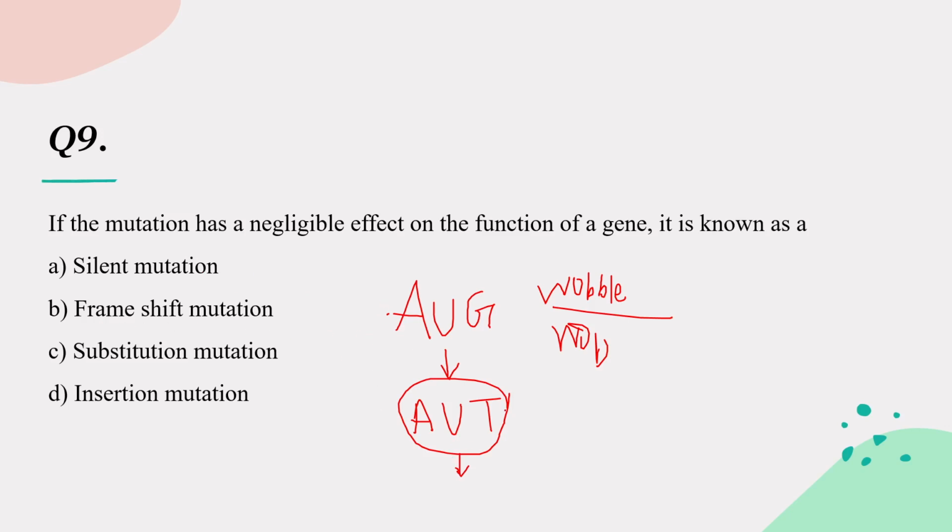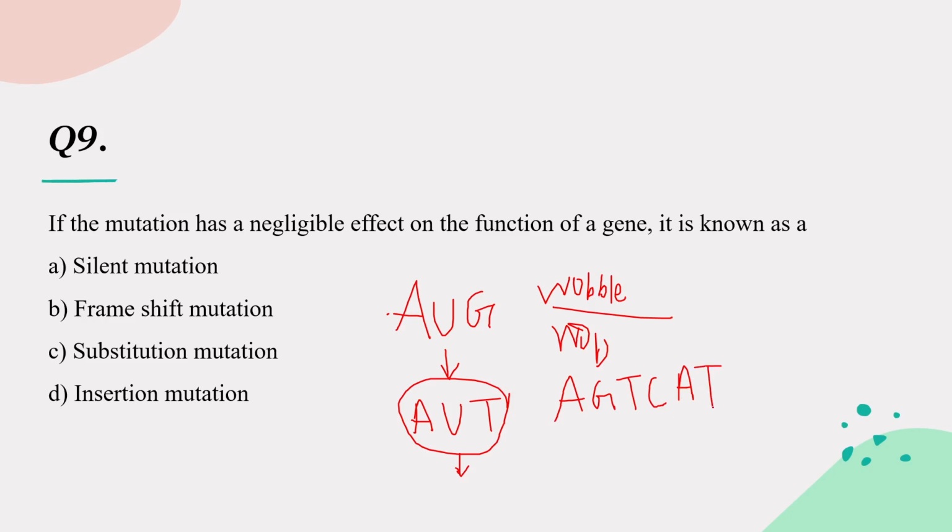Frame shift mutation, what is it? Let's take an example, A G T C A. Okay, for example, this is our 5' to 3' strand of genetic code.